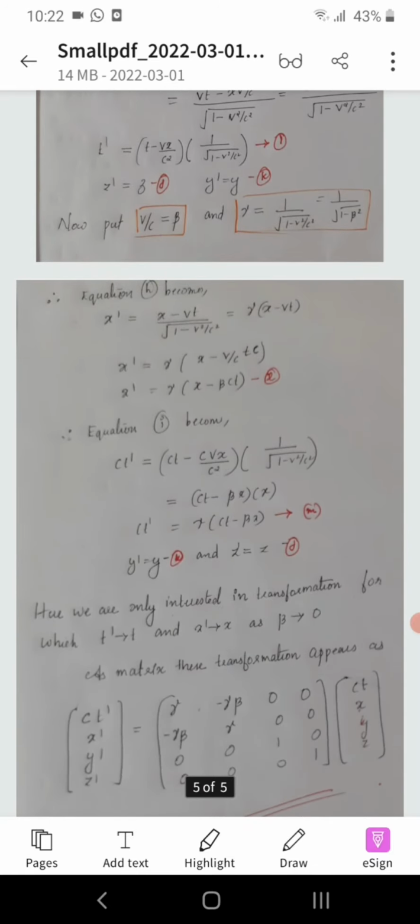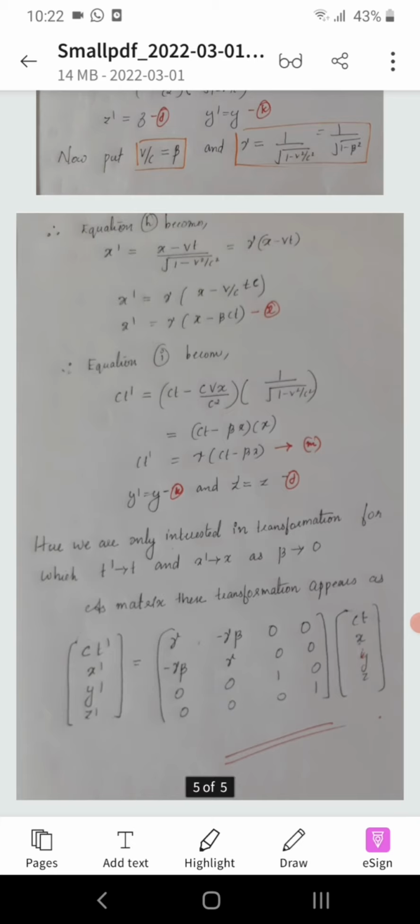That's why we are getting ct prime is equal to ct minus cvx by c square by root of 1 minus v square by c square. By rearranging, we will get ct prime is equal to gamma into ct minus beta x. Then y prime and z prime didn't get changed.